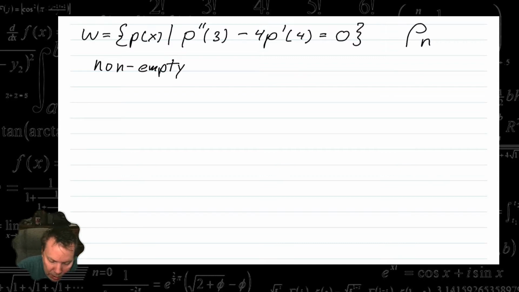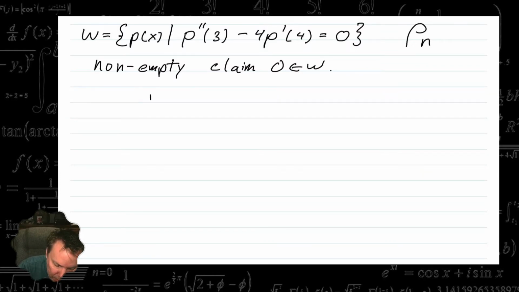All right, so I claim that 0 is an element of W here. Why is that?